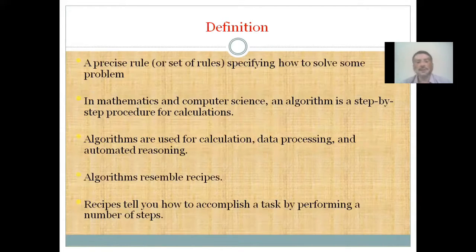As per the definition, what does algorithm mean? Algorithm simply means steps or some rules to solve a particular problem. In mathematics and computers, an algorithm is a step-by-step process for calculation, like your theorems. Each theorem contains some way to solve a problem, some steps.